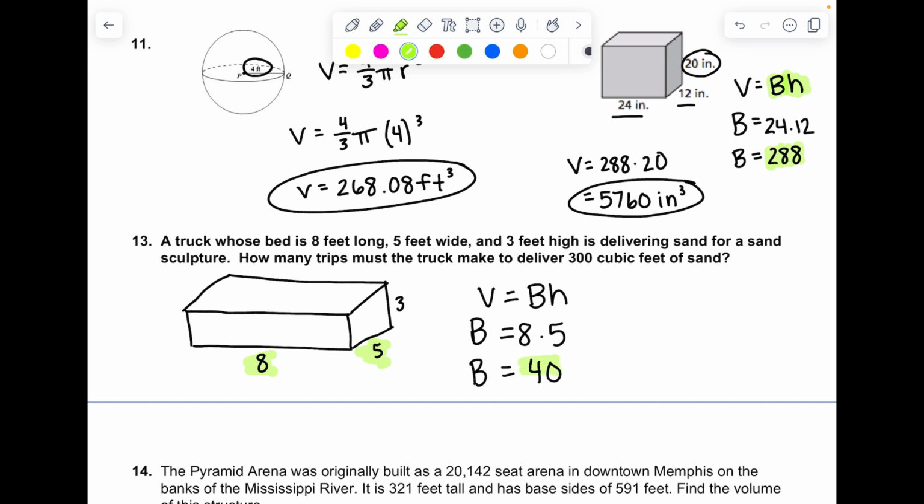So I'm plugging this in for my B. And then I just need to multiply that by the height. So I've got 40 times the height, which is 3. There we go. So the volume ends up being 40 times 3 is 120 feet cubed.